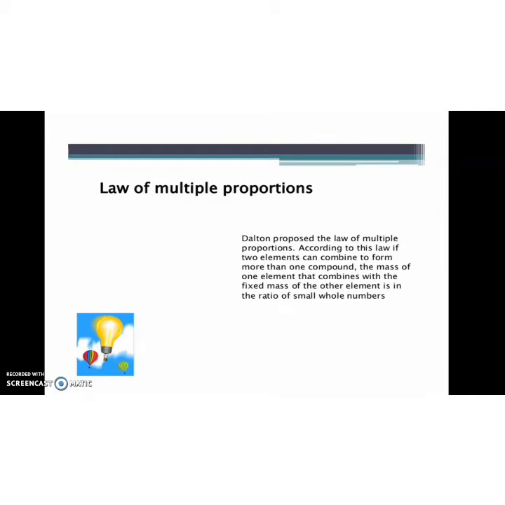Moving to the next topic, the law of multiple proportion, which was proposed by Dalton. You are already familiar with John Dalton and Dalton's atomic theory. In this law he explained something similar to the law of definite proportion. If 2 elements combine to form more than one compound, the masses of one element that combine with a fixed mass of the other element are in the ratio of small whole numbers.